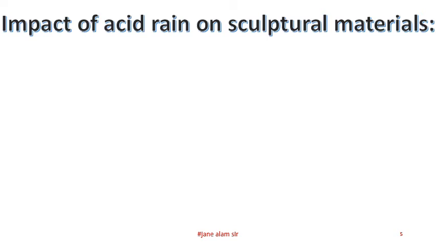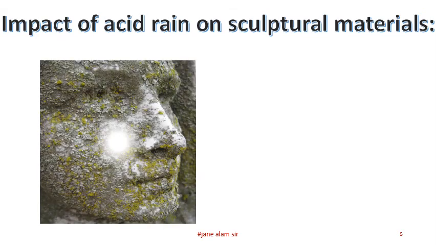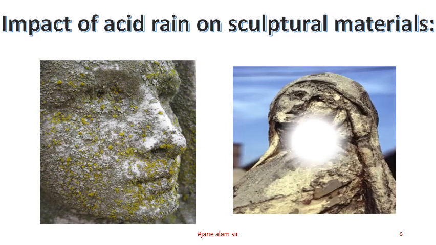The damage produced by acid rain is called stone cancer. The Taj Mahal and historical buildings are facing this serious problem. Here you can see the diagram of what happened due to the acid rain on the sculptural materials.